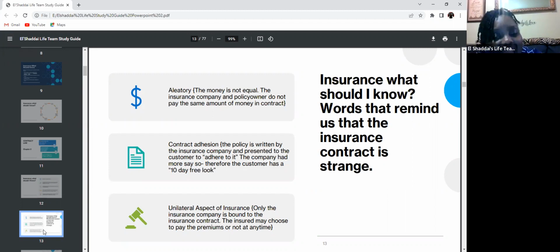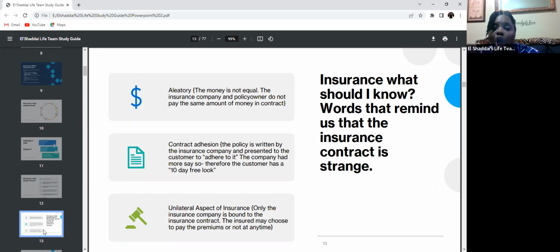Unilateral aspect of insurance. Only the insurance company is bound by the insurance contract. Unilateral, one.